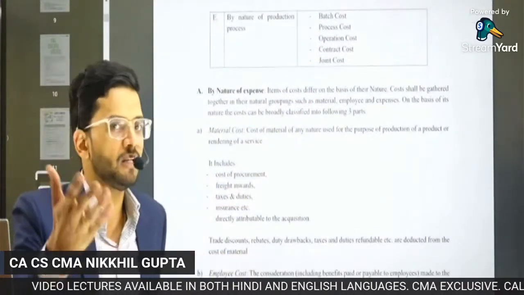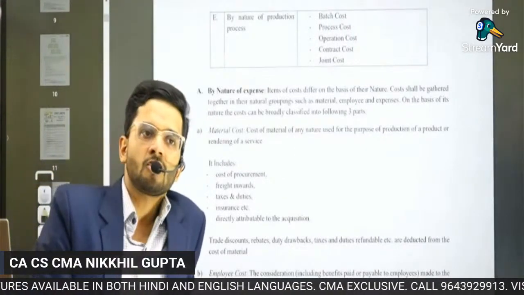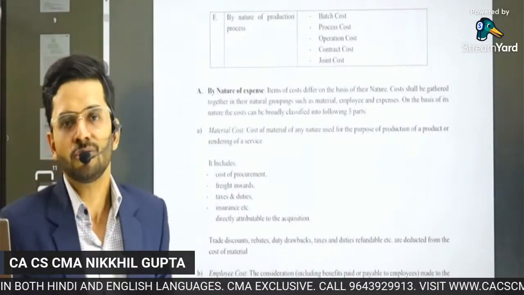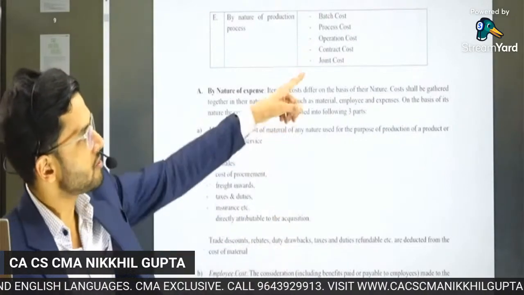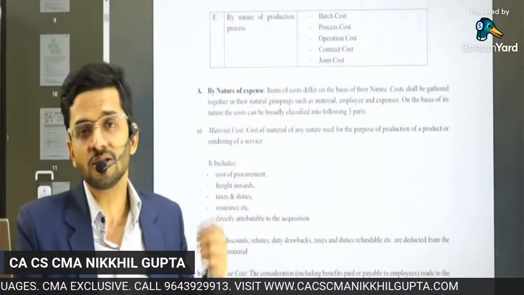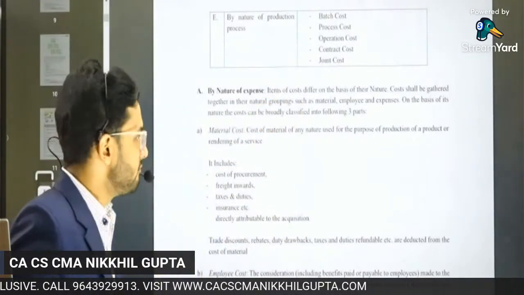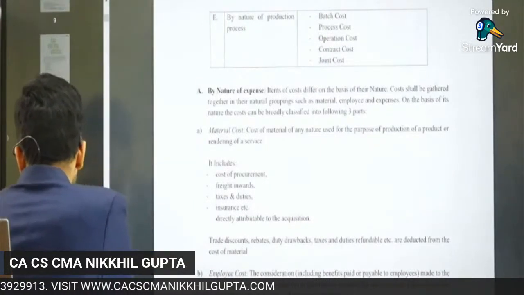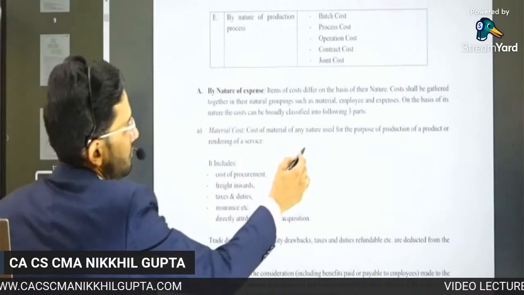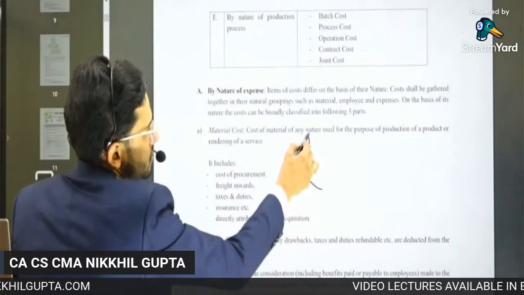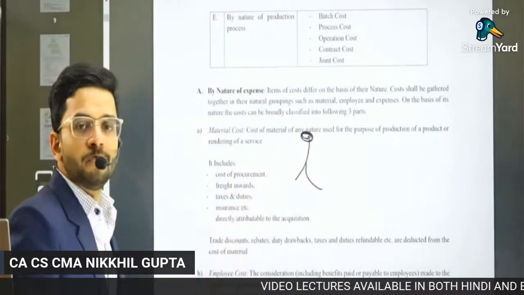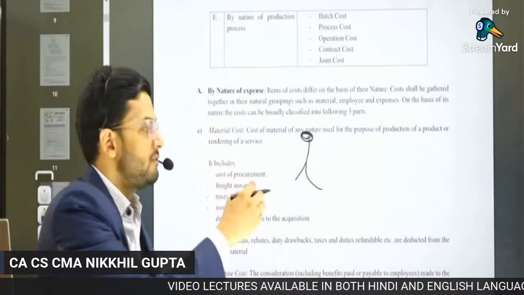Contract costing is typically used in the real estate sector, where the costing is done according to a particular contract or project. Joint cost means wherever you are producing two goods from one raw material, and it looks something like an inverted Y. So from a common raw material, you are producing two finished goods.